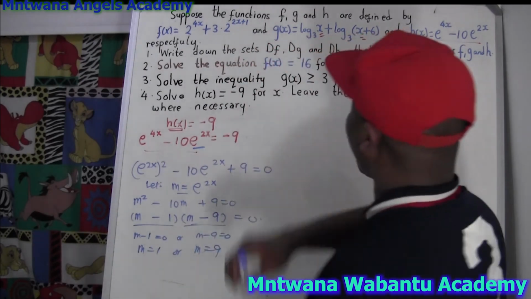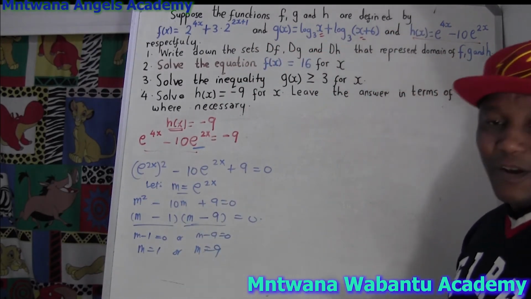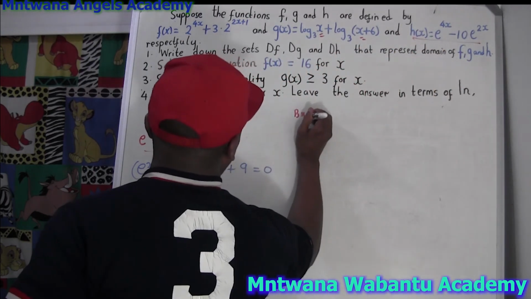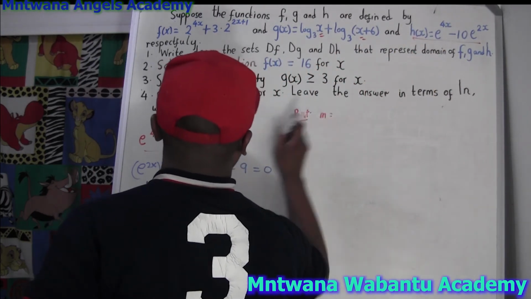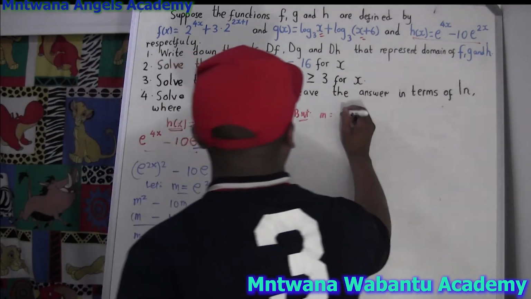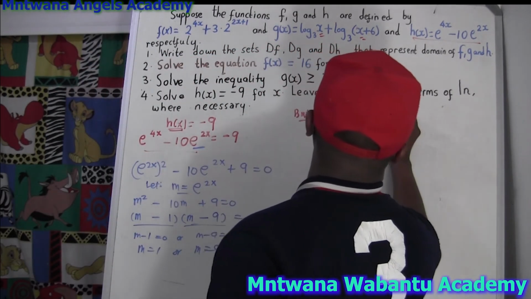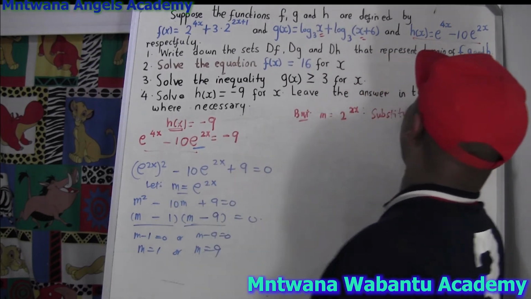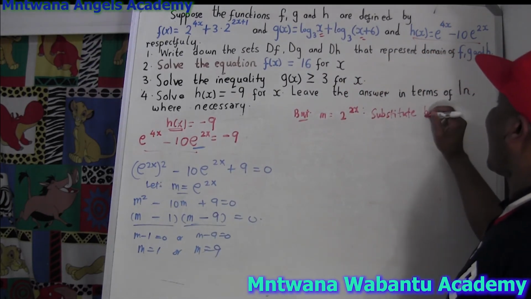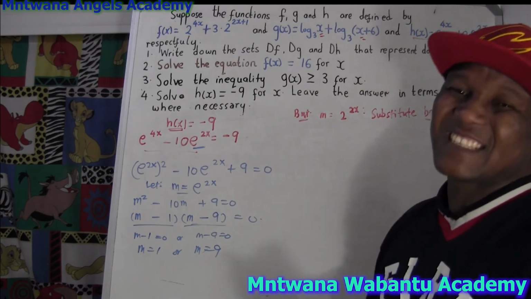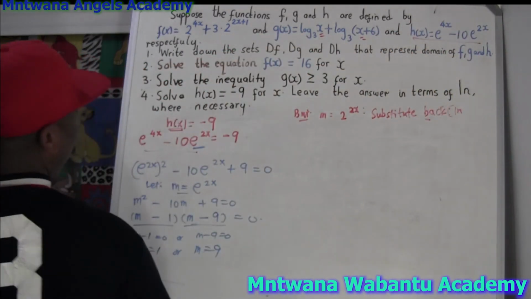But I want to know the value of x, so we have to substitute back. Our m, we say equals e 2x. So you can say substitute back, or plug back, or insert back.